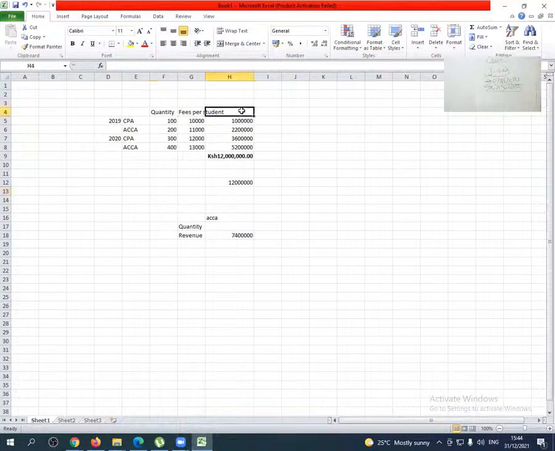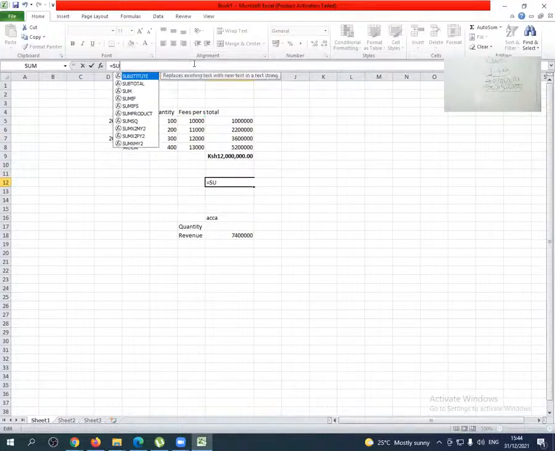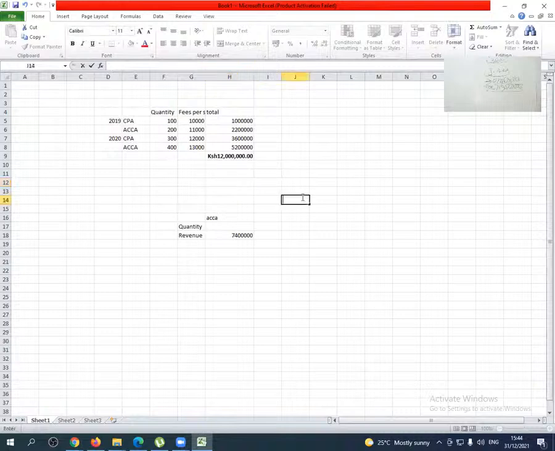If I would want to get the total, I'll come here and multiply students times fees per student. I'll be able to get this 12 million as the total. Now remember, I could very comfortably use what we call the SUMPRODUCT function. How will I be able to use this? It's very easy. What I need to do is come and say equals.